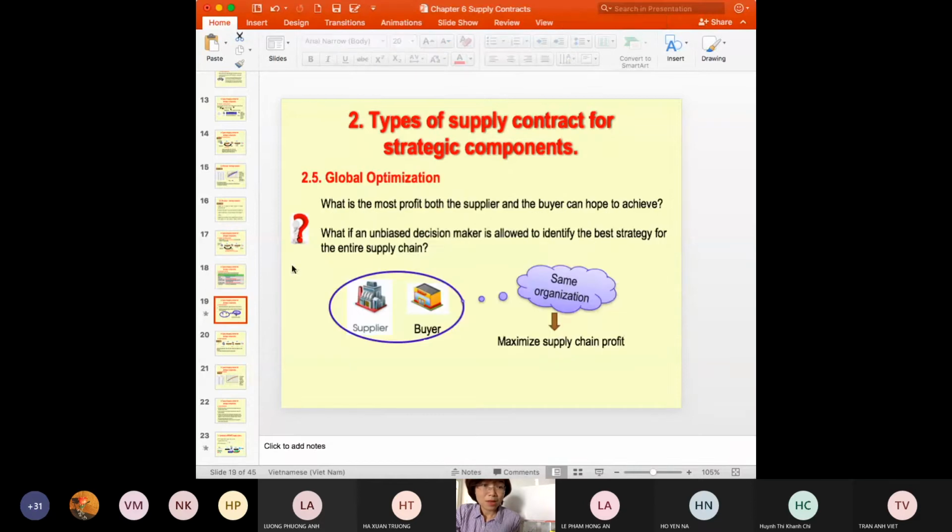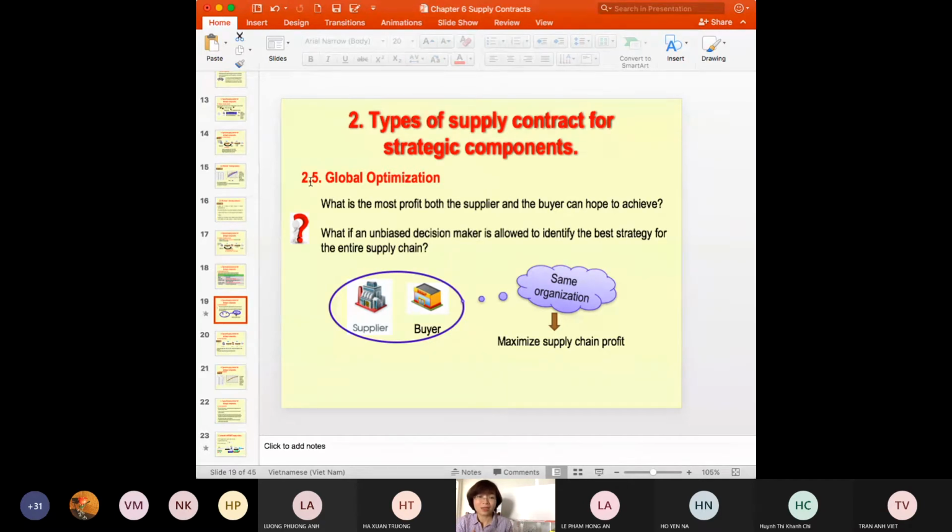So let me move on to another topic, that is global optimization. What is global optimization? Global optimization is about the most profit that both supplier and buyer can achieve. When we talk about global, it is for the whole supply chain.